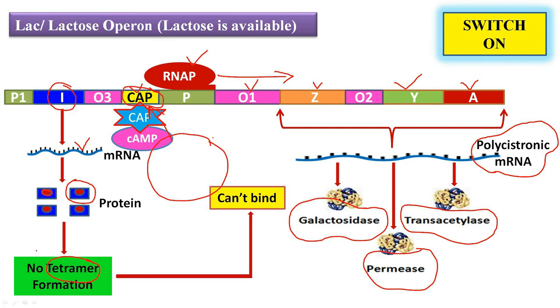Thus one thing is clear: the CAP is actually an activator of Lac Operon, as the binding efficiency of RNAP to the promoter increases when the CAP, along with cAMP, binds to this CAP binding site.